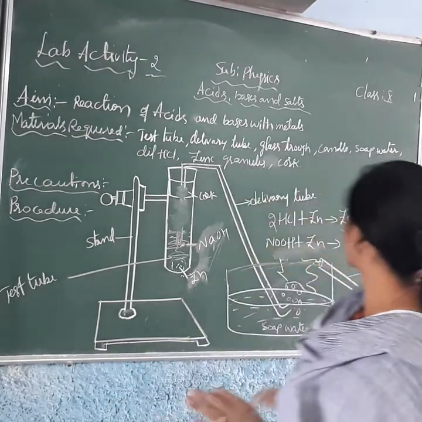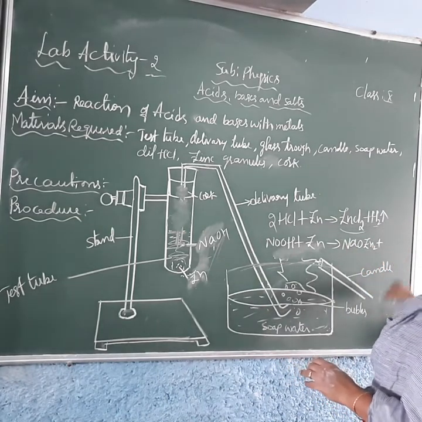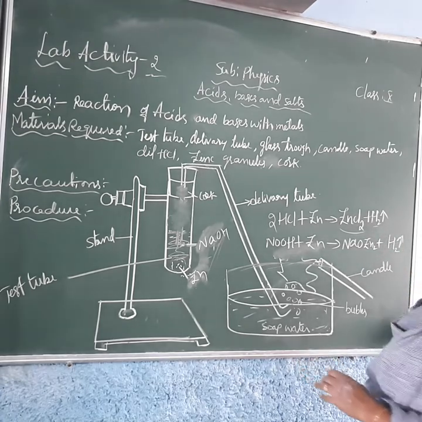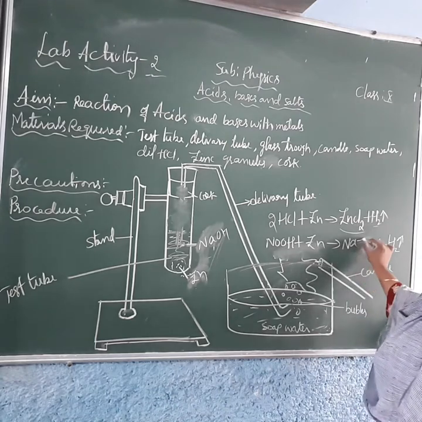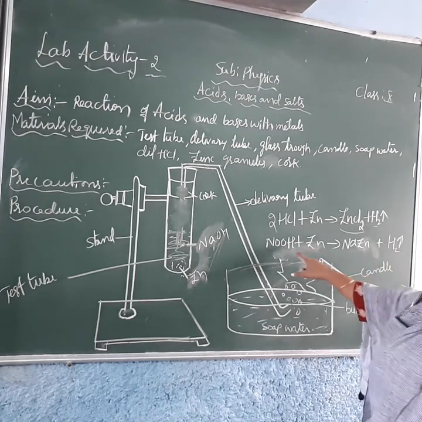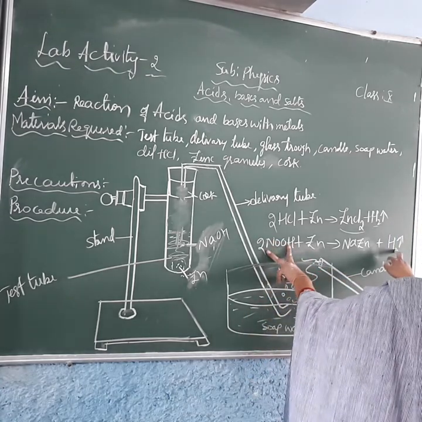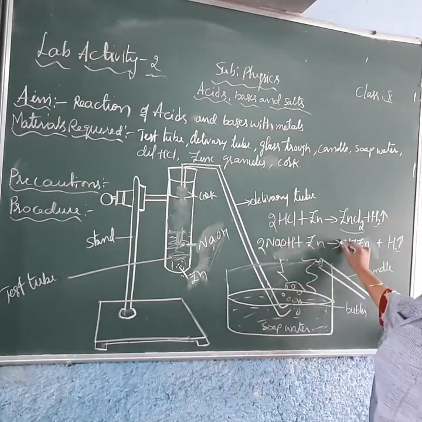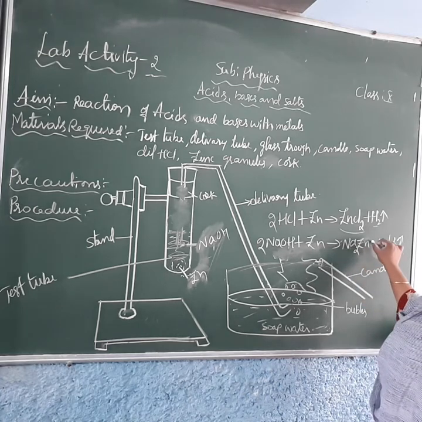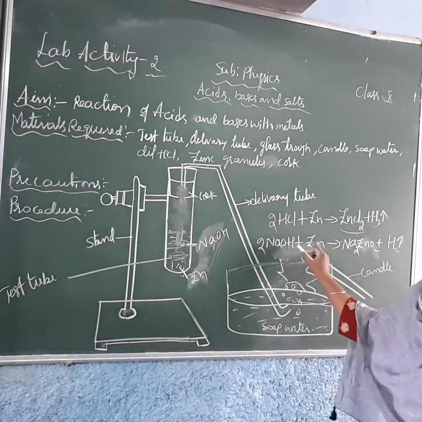Sodium zincate, plus it liberates hydrogen gas. H2, you must write H2 here. And since 2 Na are there, we must write it as Na2ZnO2. Now this equation is balanced.